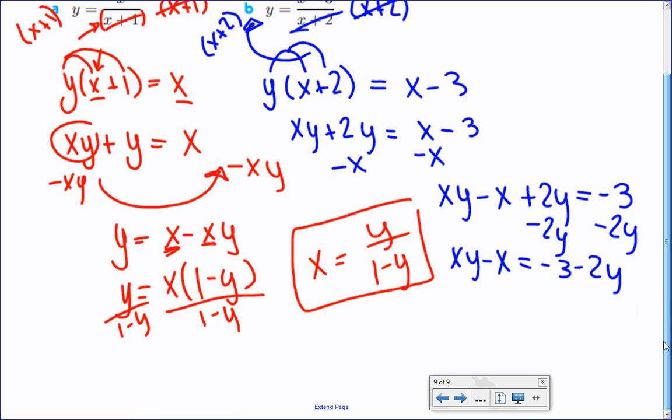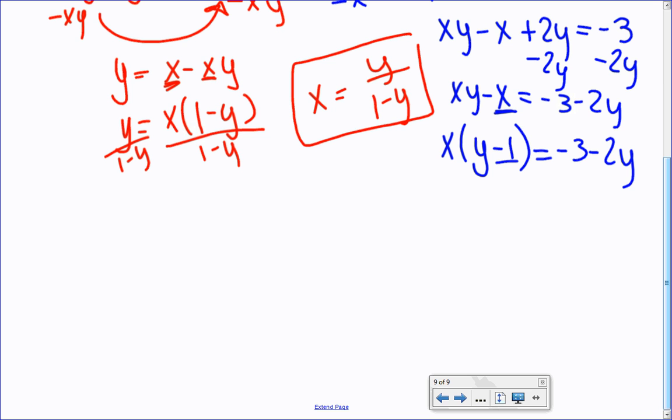Okay, so now we can factor out our x from the left side. So we have x times y minus 1, right? Because if we factor an x out of here, we're just left with a negative 1, is equal to a negative 3 minus 2y. Okay, we want to solve for x, so we'll divide both sides by y minus 1.